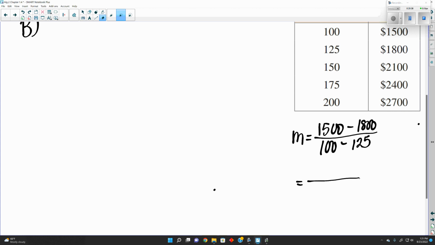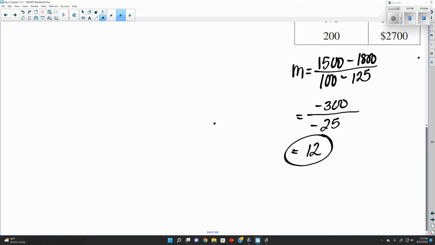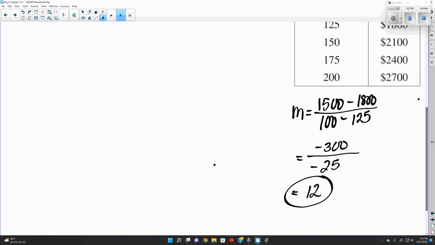It didn't matter which ones we picked, because they will give us the same thing. Now 1500 minus 1800 is negative 300. 100 minus 125 is negative 25, and the negative and negative make a positive. Now we just need to see how many times 25 goes into 300. So how much do they charge per student here? $12.